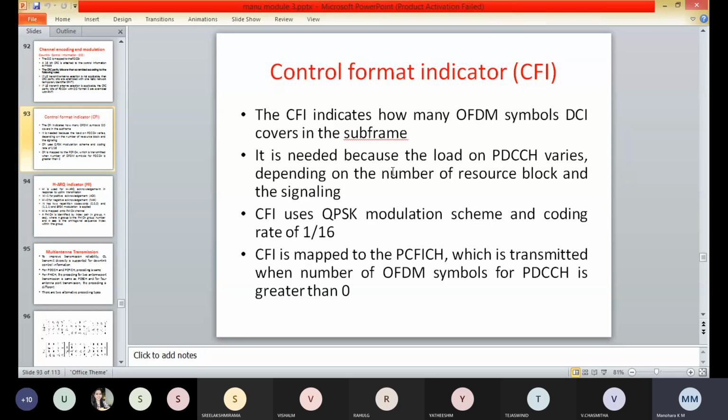The control format indicator indicates the number of OFDMA symbols the DCI spans in the subframe, since the load on the PDCCH varies with the number of resource blocks and the signaling formats conveyed on the PDCCH.